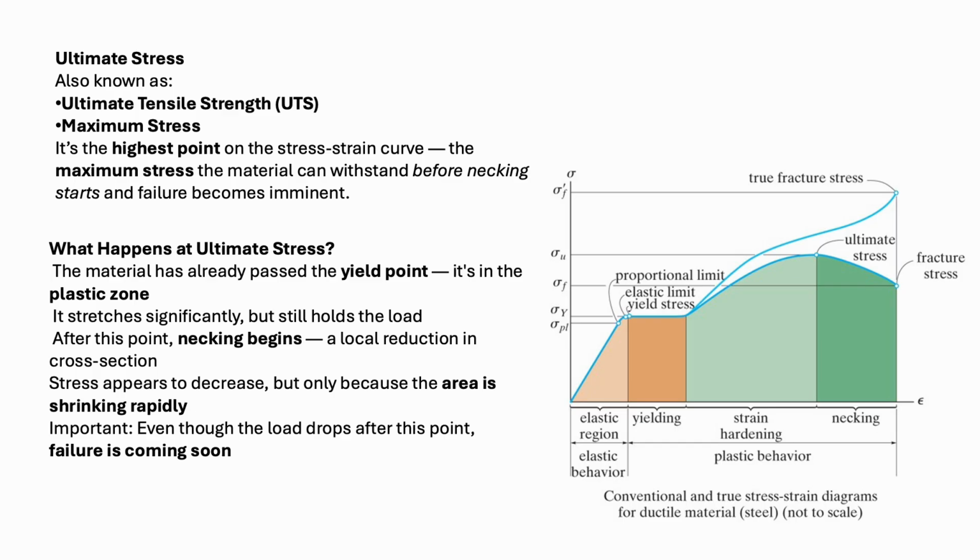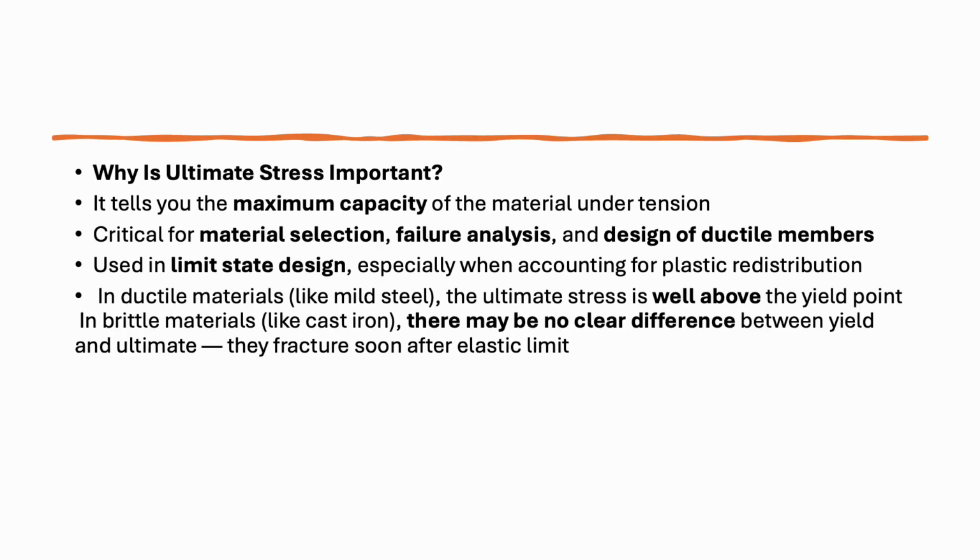It's in the plastic zone, so it stretches significantly but still holds the load. After this point, necking begins, a local reduction in cross-section. Stress appears to decrease, but only because the area is shrinking rapidly. Very important: even though the load drops after this point, failure is coming soon.